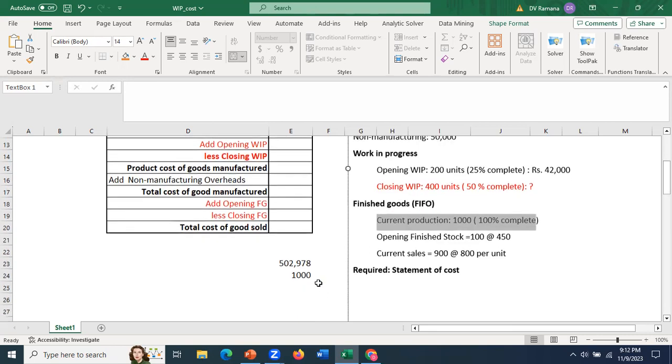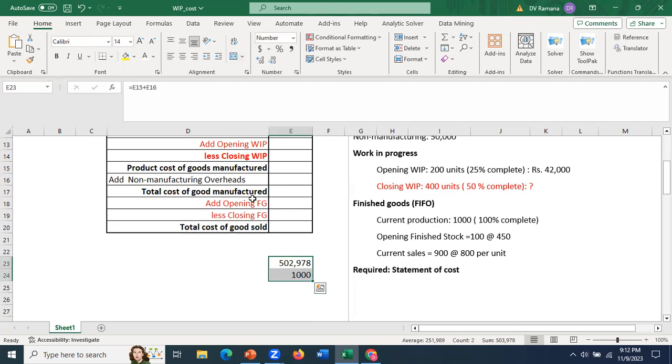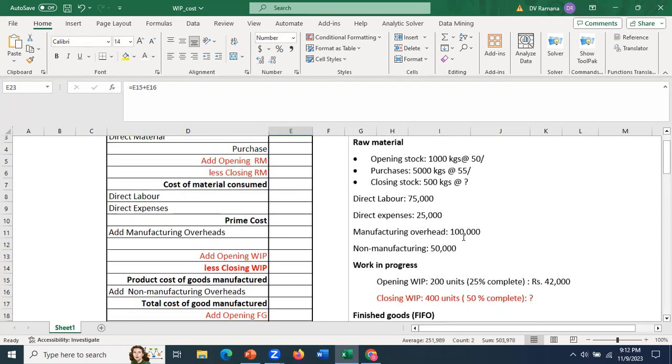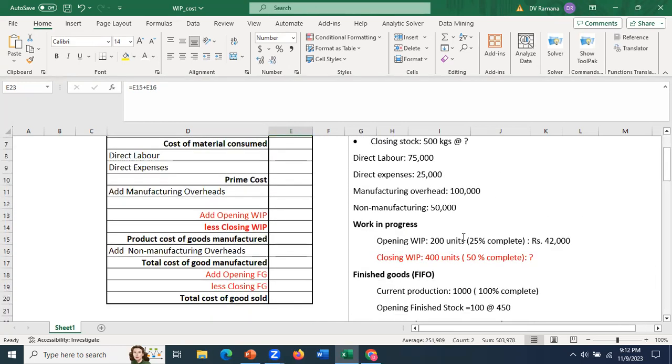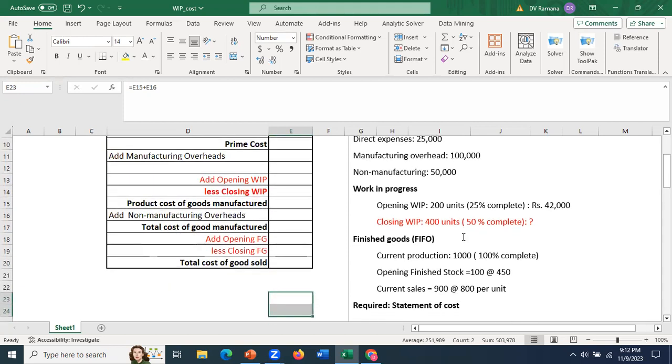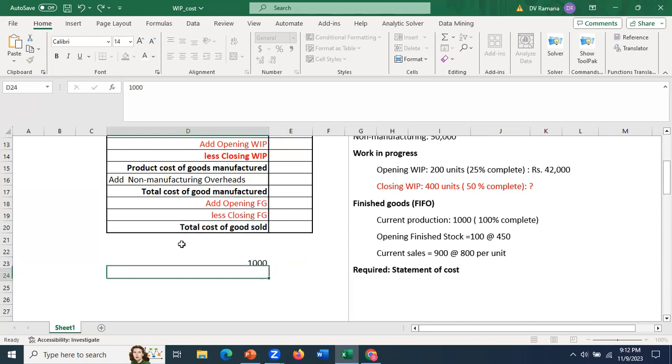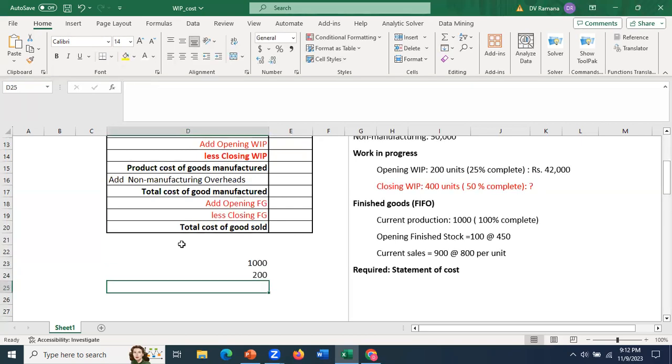But let us understand this 100% a bit more clearly. These 1,000 units which are produced in the month of October, because we are following FIFO, consist of 200 from the previous time period, that is opening stock, which I'm working on first, then 800 of the current month.